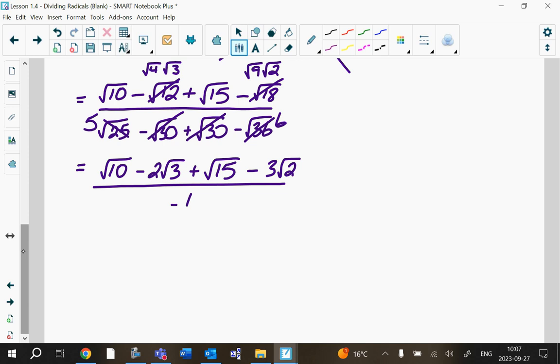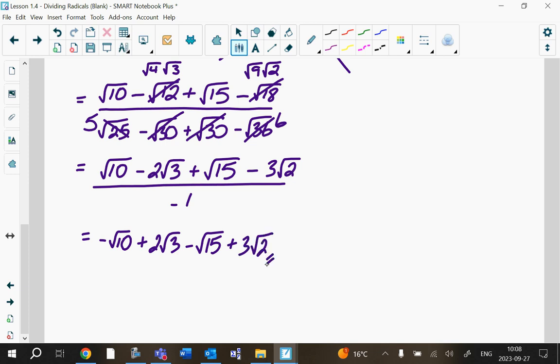But if it's negative 1, can't I just change all these to negatives and then the fraction disappears? Because root 10 divided by negative 1 is negative root 10. Negative 2 root 3 divided by negative 1 is positive 2 root 3. Root 15 divided by negative 1 is negative root 15. And negative 3 root 2 divided by negative 1 is positive 3 root 2. So I could make it a little simpler and there'll be no fraction.